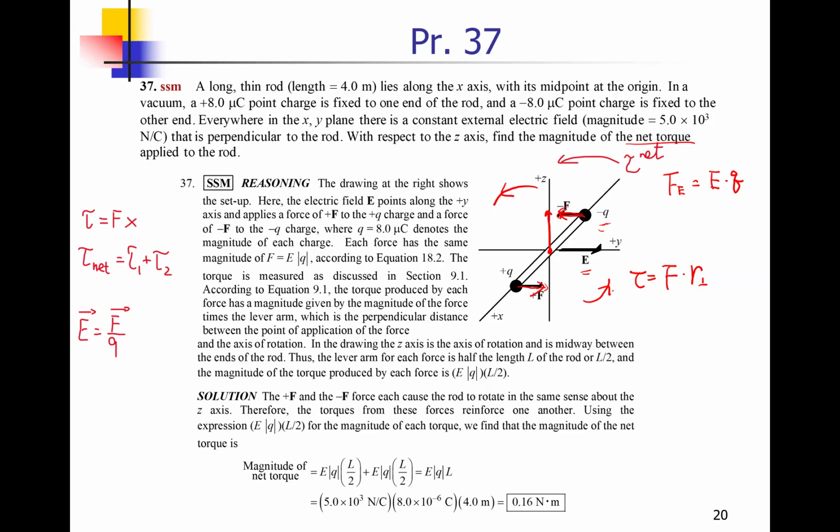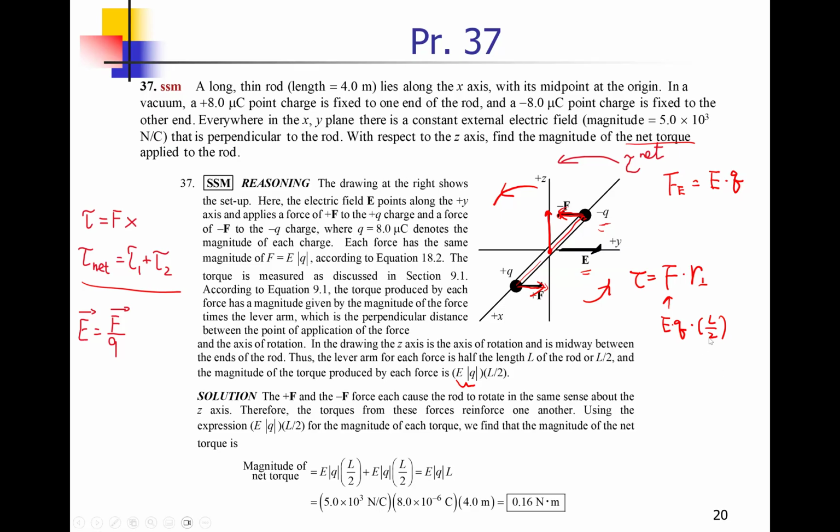So we have to put all the torques together. Net torque will be equal to torque 1 plus torque 2, but you have to calculate force times lever arm for this guy and force times lever arm for this guy. So the force here is E times Q, and the lever arm is from here to here, which is half of the length of the rod.